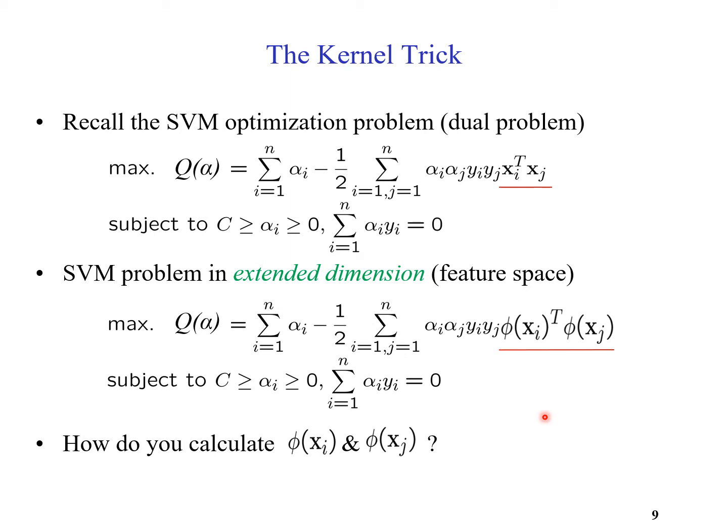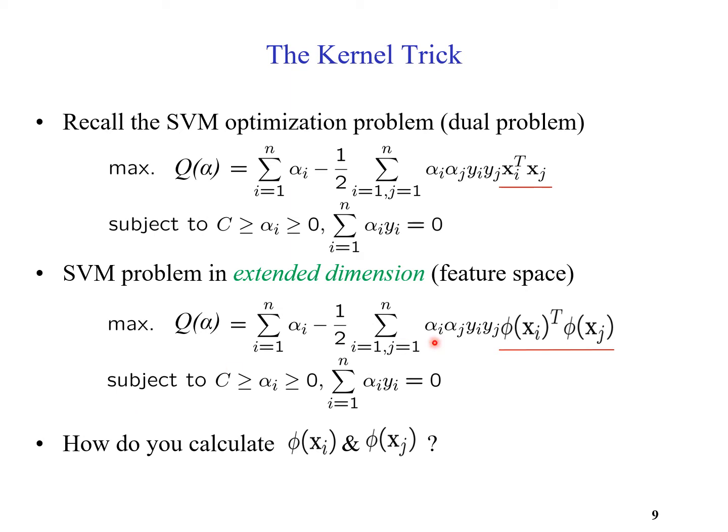We don't know which dimension, we don't know which configuration. We have no clue about this mapping, which means we cannot calculate this mapping value. So that's the problem. If we solve this problem in higher dimension, we get the linear classifier in higher dimension, and then we solve the problem.